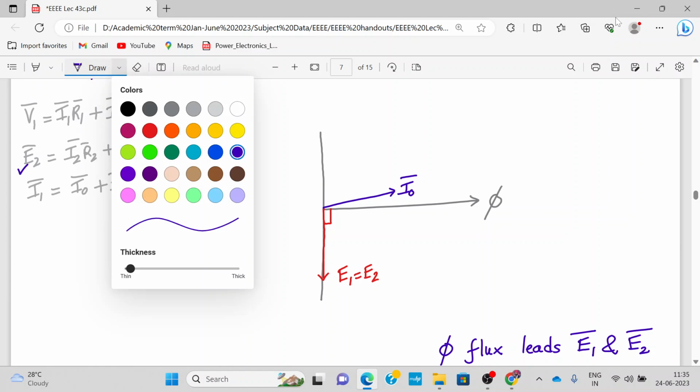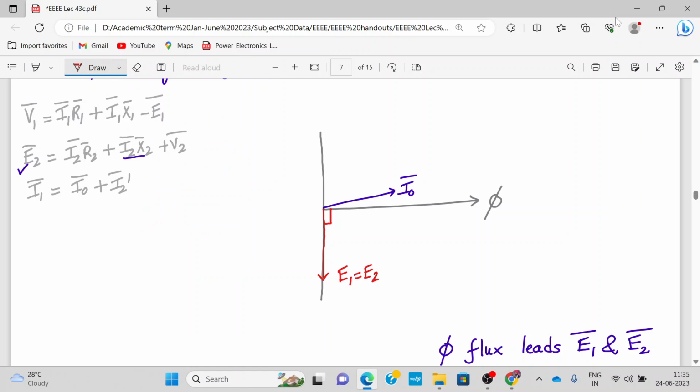V2 can be drawn like this. Let's say this is V2. Where will I2 come? I2 will come in the same phase.